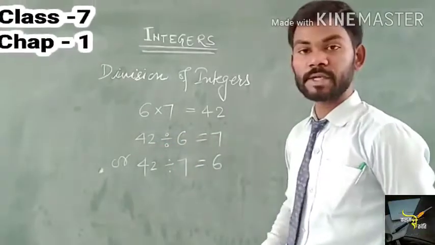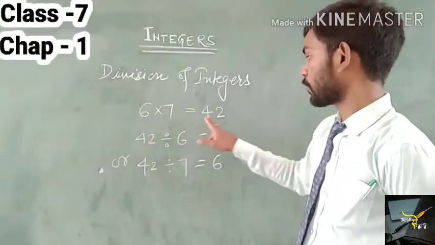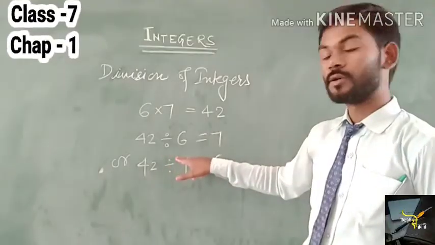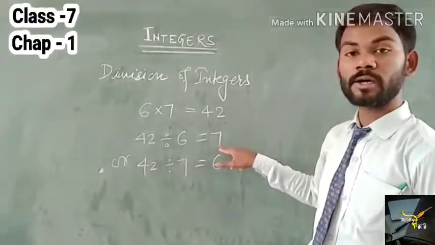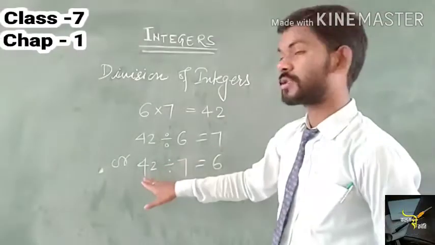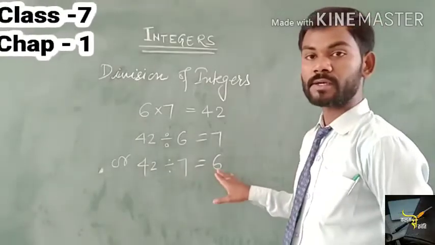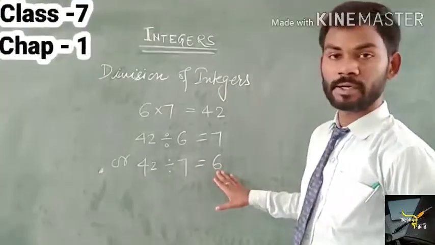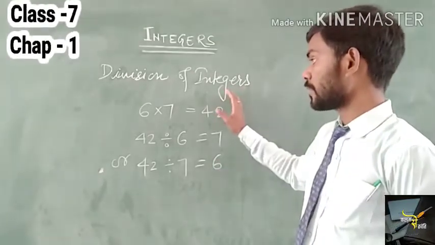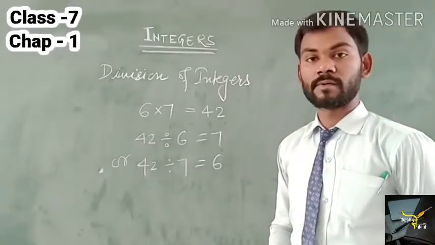So in the second step, we can clearly see that when the product 42 is divided by 6, we have the other corresponding number. Similarly, if we divide the product 42 by 7, we get 6 as quotient. So it is also obvious for division.